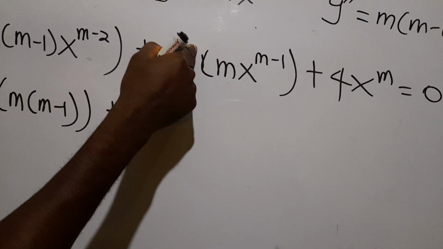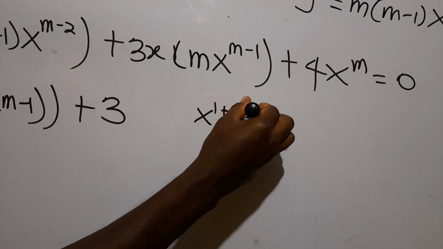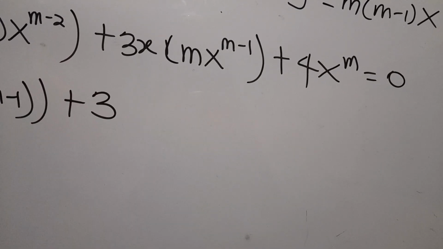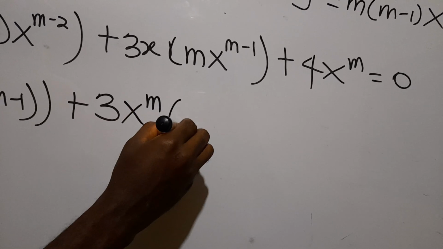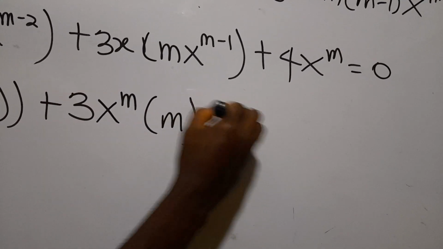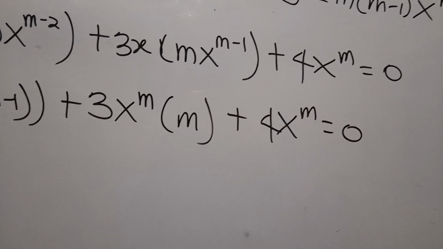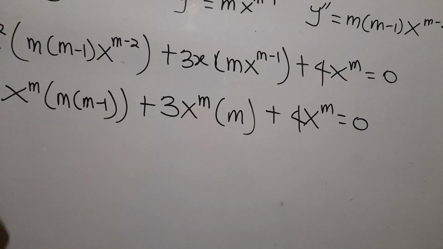Now this is x exponent 1 times this, so we have x exponent 1 plus m minus 1, and 1 minus 1 is 0, so we just have x exponent m there. So we have x exponent m, then times our m, plus 4 x exponent m equal to 0. Now you can see x exponent m is common to all, so we factor it out.